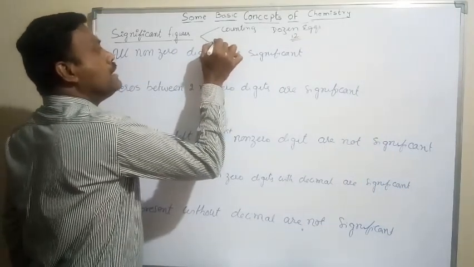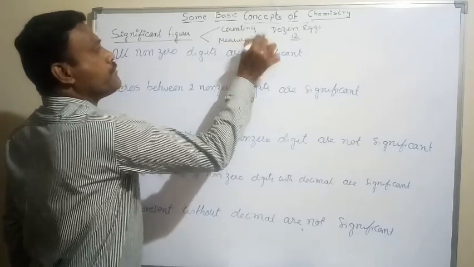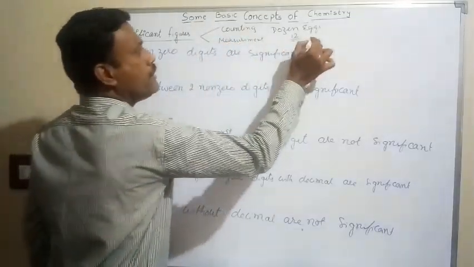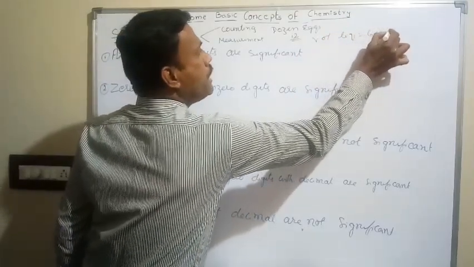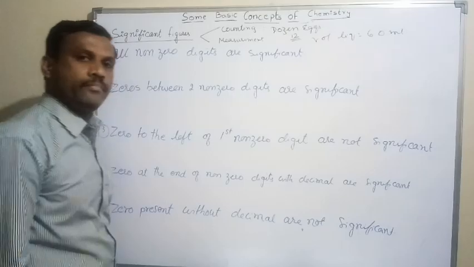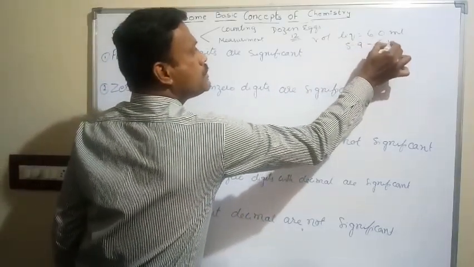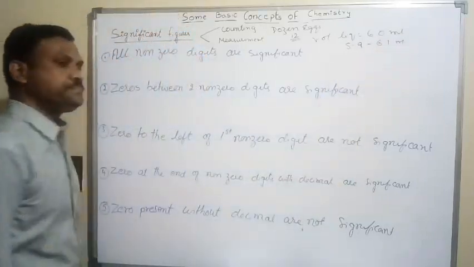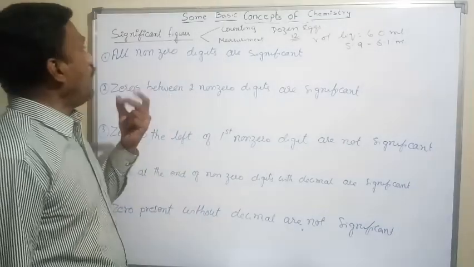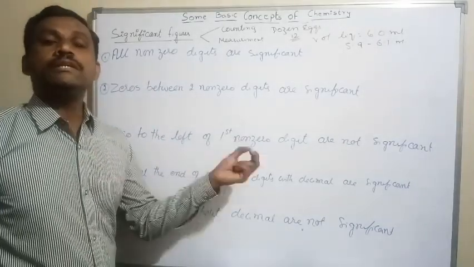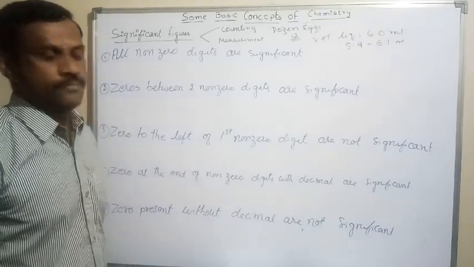And by measurements: suppose I say the volume of liquid is 6.0 ml, it is between 5.9 and 6.1 ml. So there are certain rules to identify these significant figures.